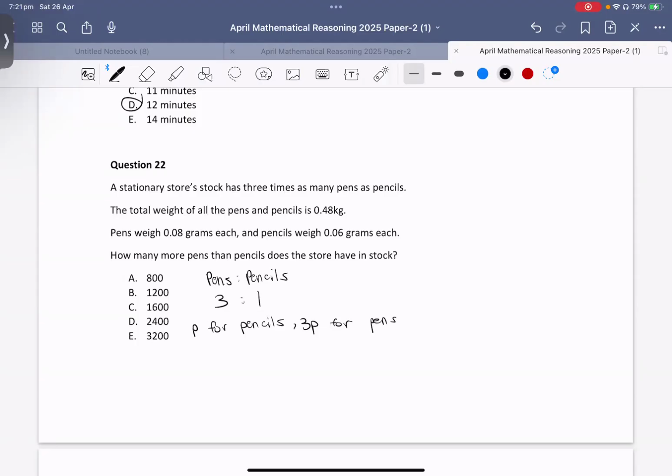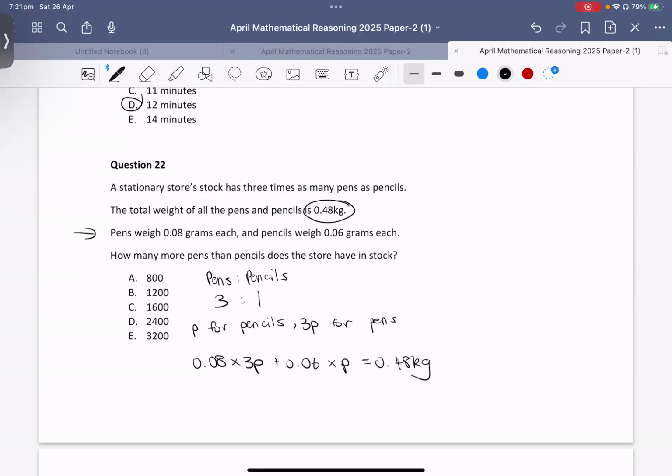And now we can use this for this equation here, right? We know that pens, which is 0.08 grams each, right, times 3p, plus 0.06 times p for pencil is going to give us a total of 0.48 kilograms, right?